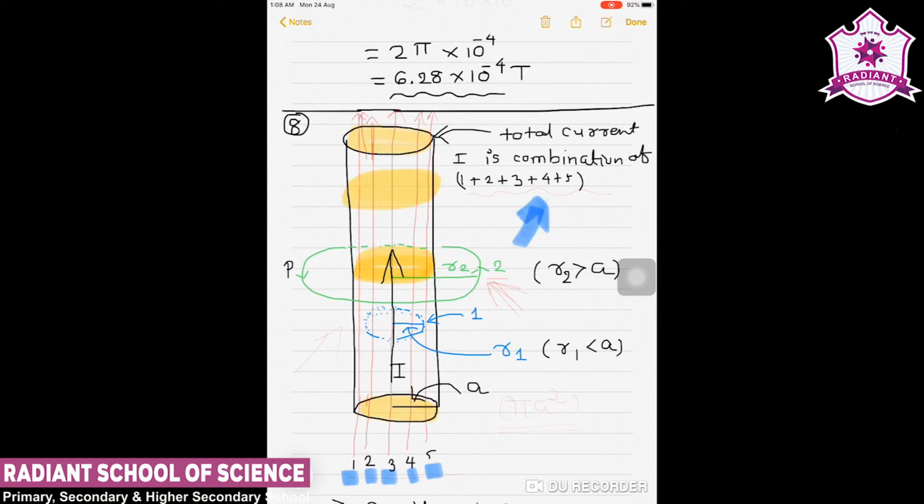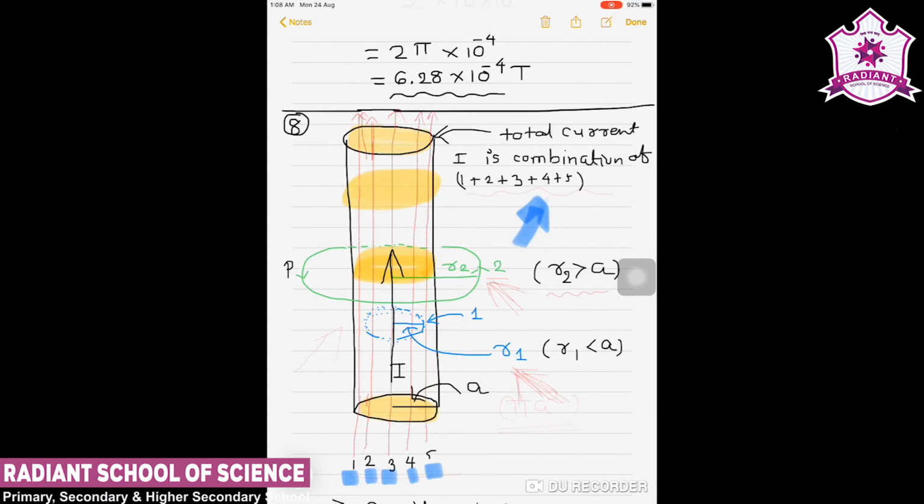It is given with radius R2, which is greater than A. In the other part, shown in the figure with a blue circle, indicating the inner part, not all the current is covered, only a few lines of the uniform current are covered. That is the other part, given with radius R1 in this question.